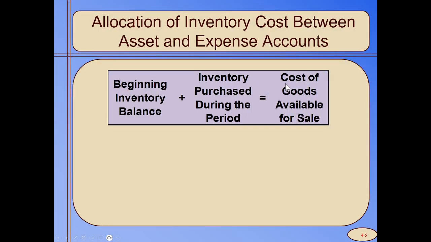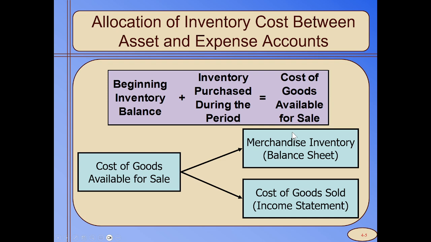So here we will look at how we calculate the cost of goods available for sale. The amount of inventory that is available for sale during a specific accounting period is calculated as the beginning inventory plus the purchases.